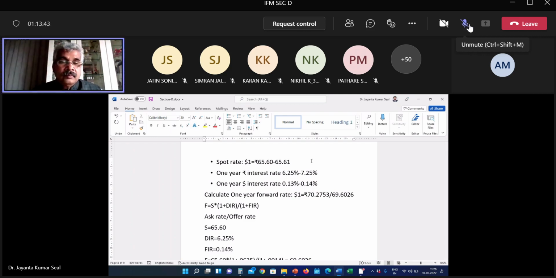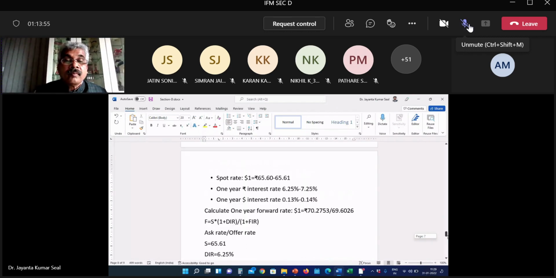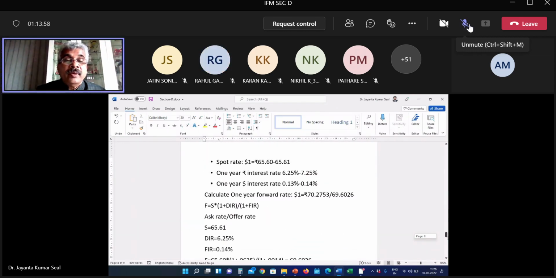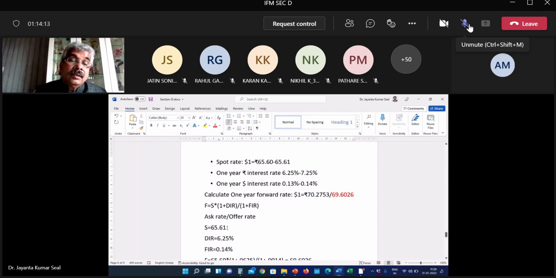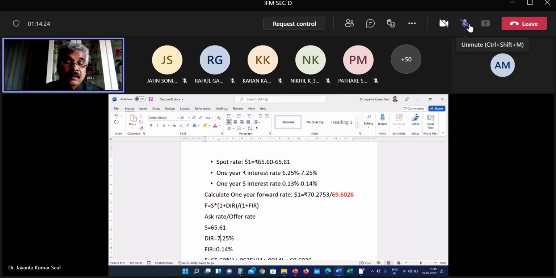Make sense? So my rate is 65.61. Remember, I am finding out the bid rate. I am finding out this rate. Now, how much money am I investing? 65.61. If I borrow this money, how much interest will I be paying? 7.25%. Is that clear? Yes or no?